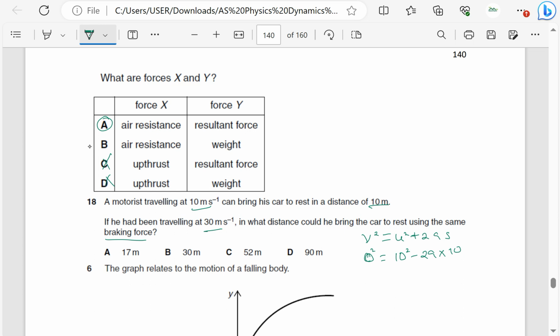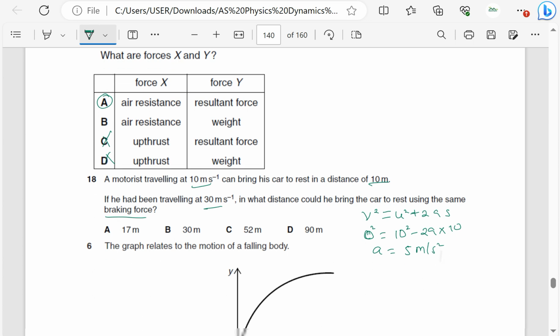So the deceleration of this motorist is going to be 100 divided by 20, that is 5 meters per second squared. So the deceleration is 5 meters per second squared.